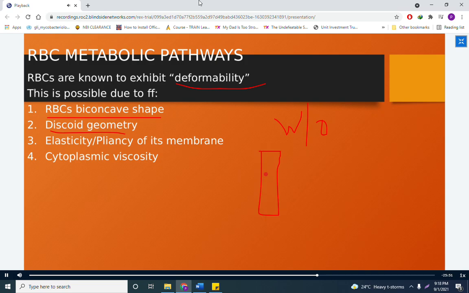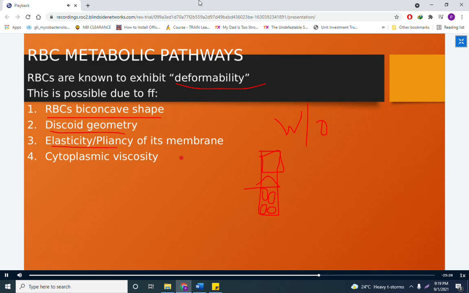Now, imagine your RBC appearing as a square or triangle. They will have a hard time passing through. But if you compare it to the RBC, which is biconcave or discoid, they have an easier time passing through because of that shape.